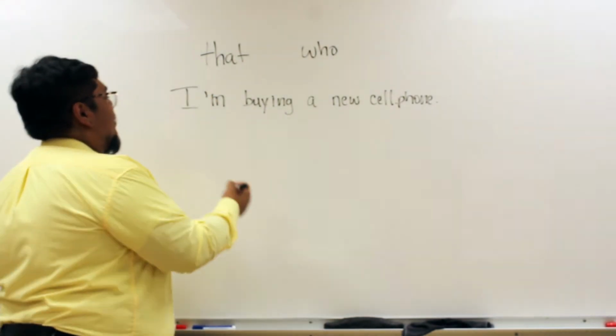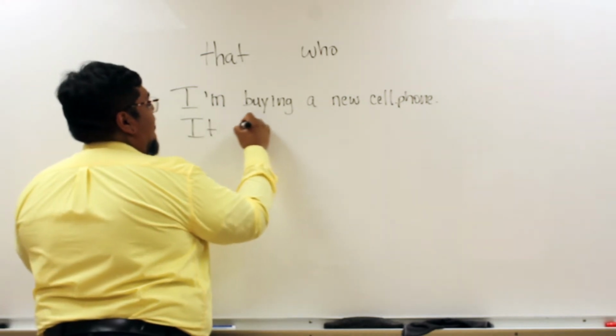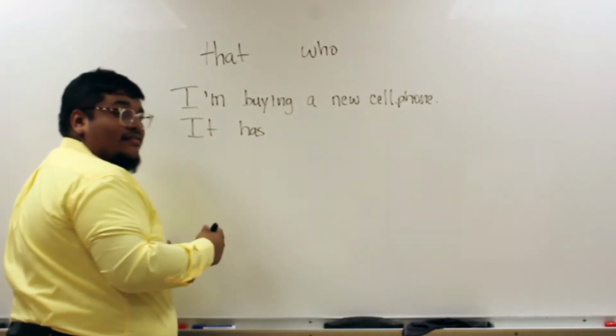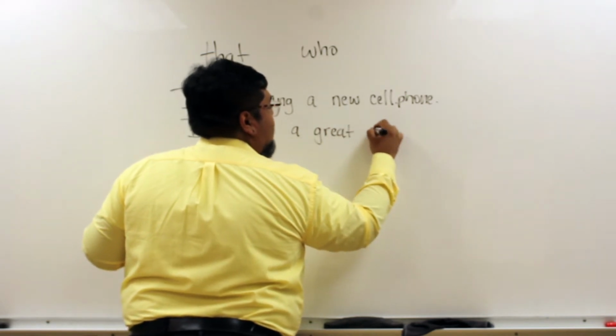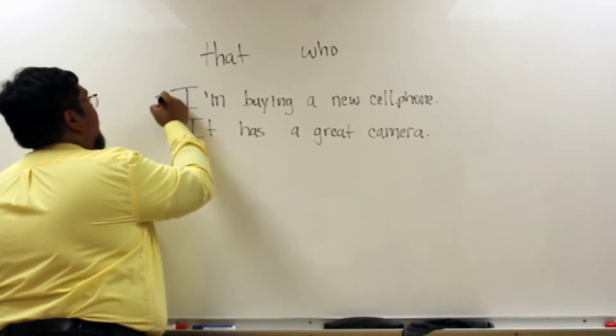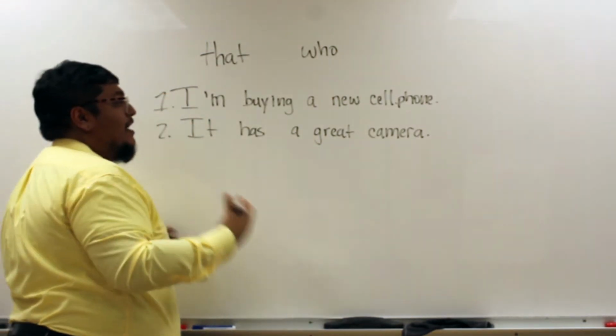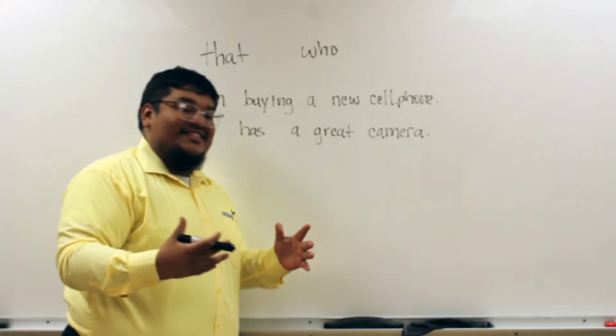Okay. What about the cell phone? It has a great camera. That's nice, right? So, we're buying a new cell phone that has a great camera. We can take pictures of the family, maybe nice selfies, right?